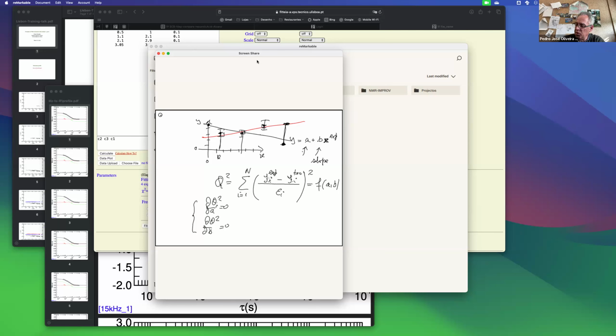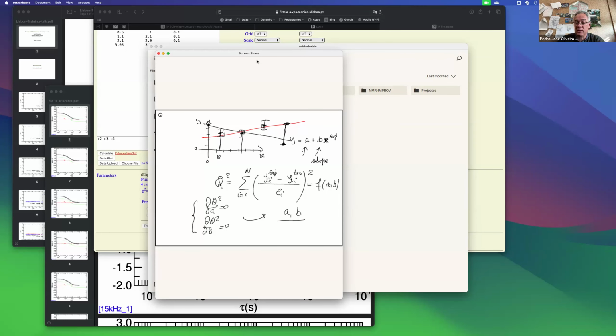So you have to differentiate this function f with respect to a, differentiate with respect to b, make them equal to 0, and that eventually will lead you, if you solve the equations properly, to the values of a and b that are able to minimize this function.